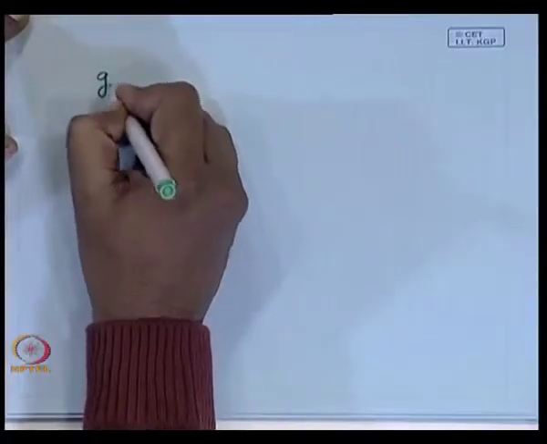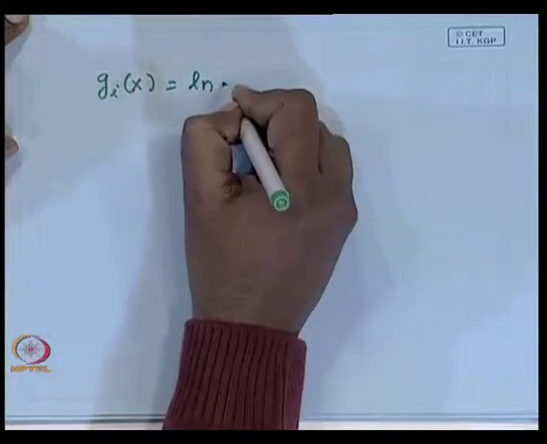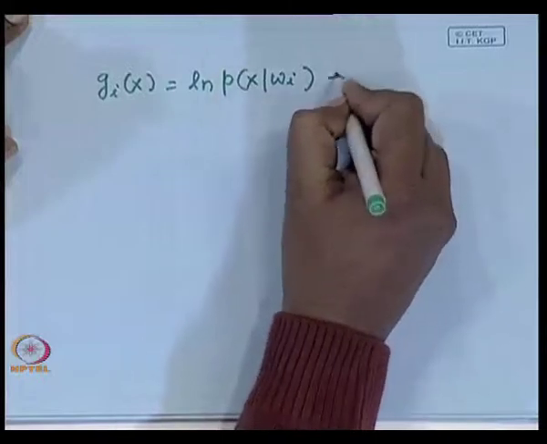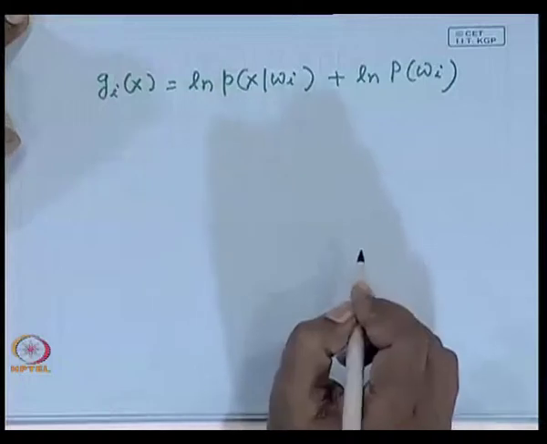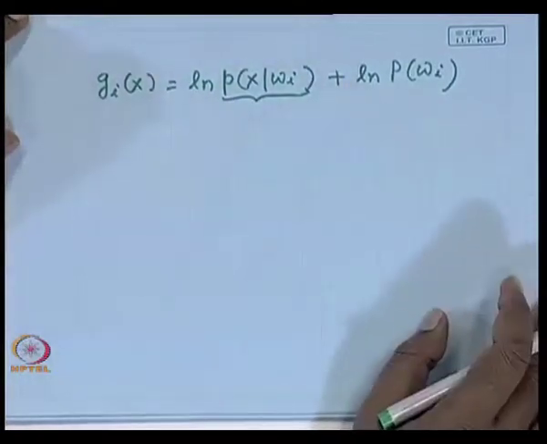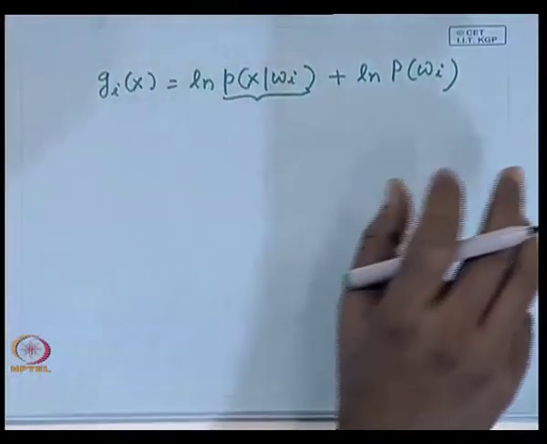So, as given, g_i(x) is nothing but ln p(x given omega_i) plus ln p(omega_i), okay, where the expression of this p(x given omega_i) means we are taking the samples from class omega_i, finding out its probability density function.